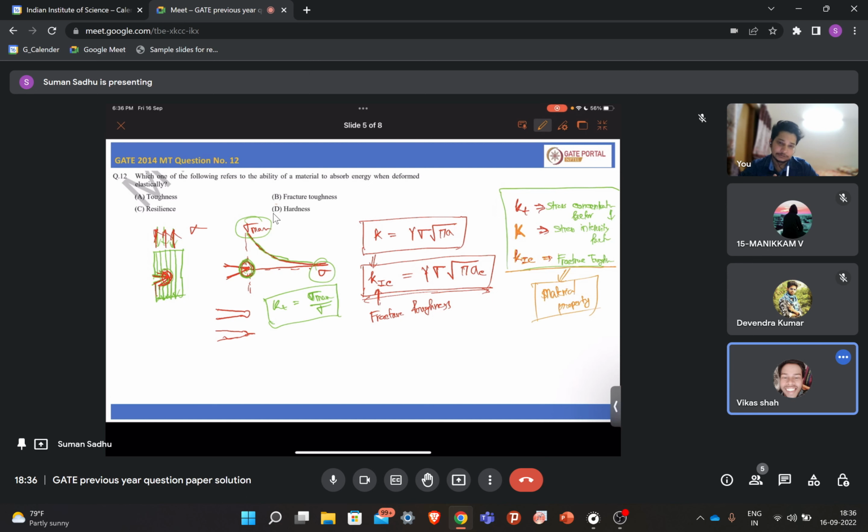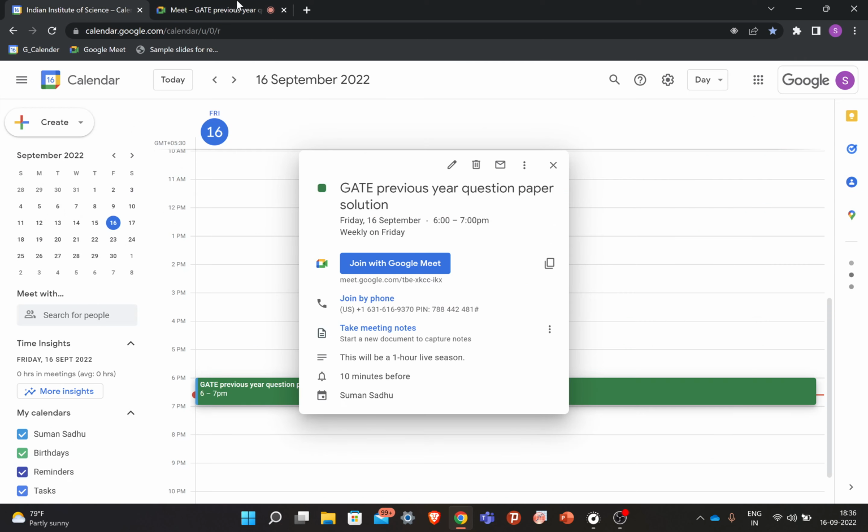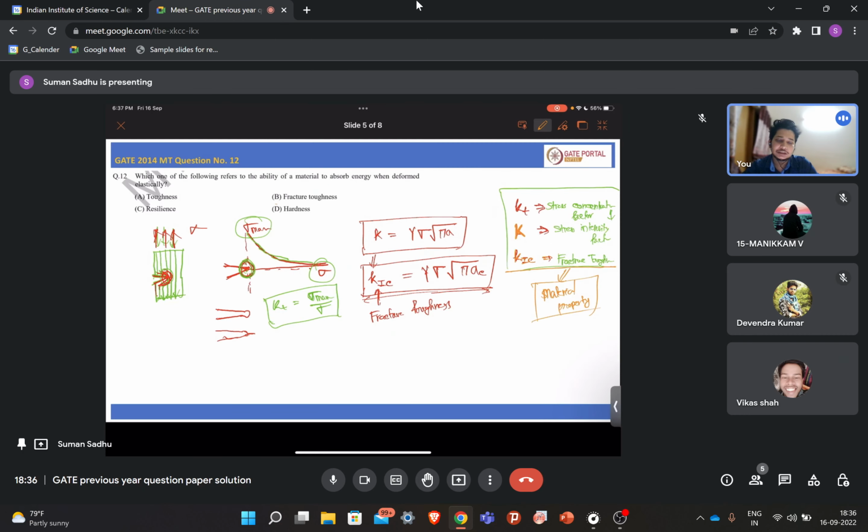Okay, so what you have told is the maximum energy absorbed before failing. So what do you mean here by failing? When you are measuring the hardness, are you destroying your sample totally, or are you fracturing your sample?